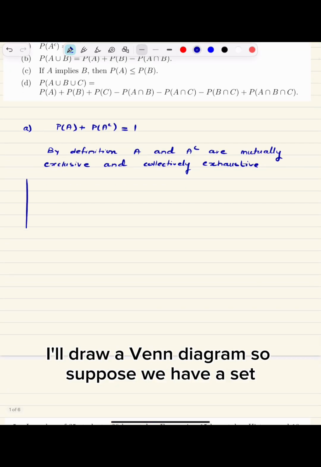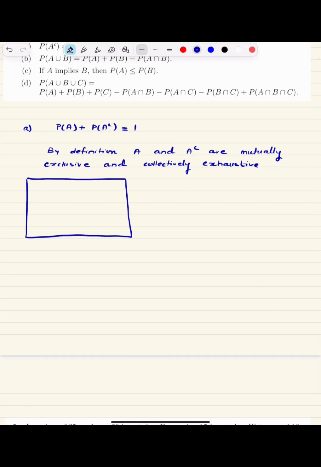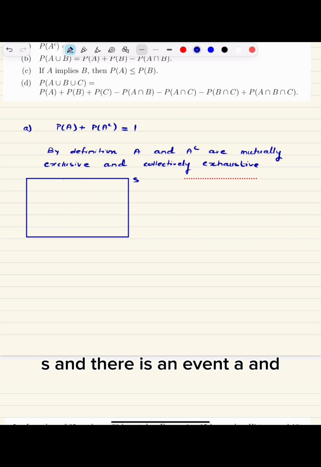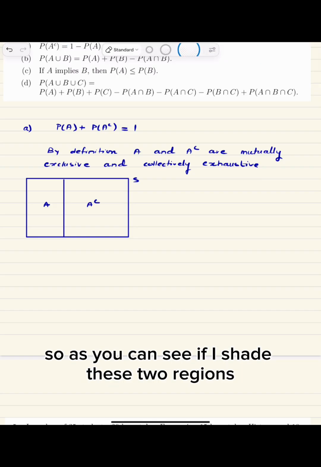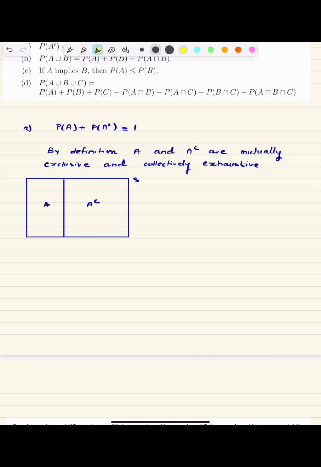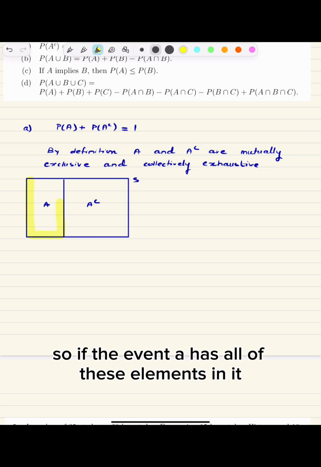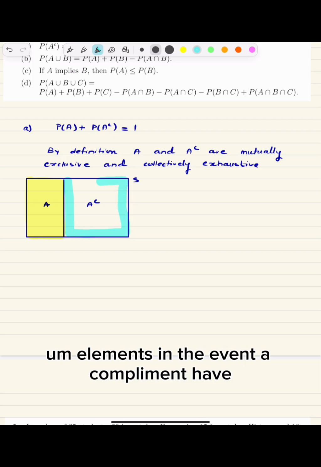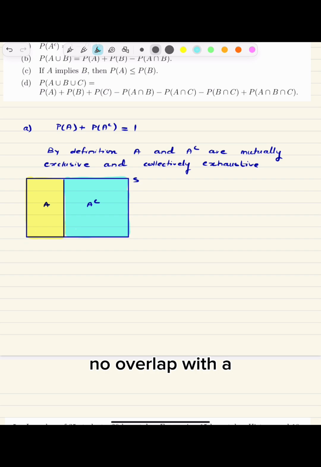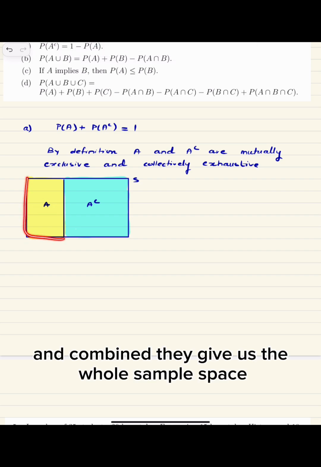So suppose we have a set S and there is an event A and the complement of A. As you can see, if I shade these two regions, the elements in the event A complement have no overlap with A, and combined they give us the whole sample space.